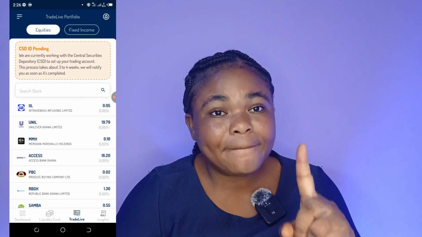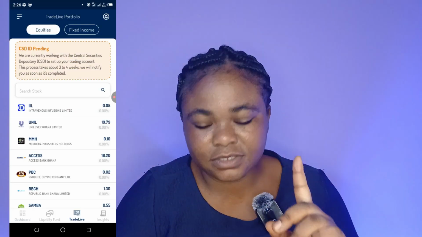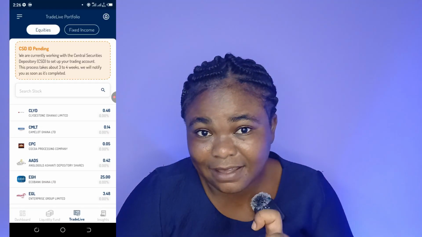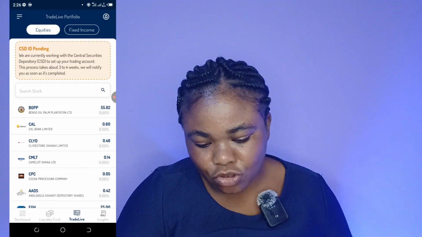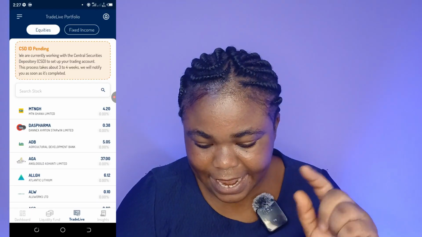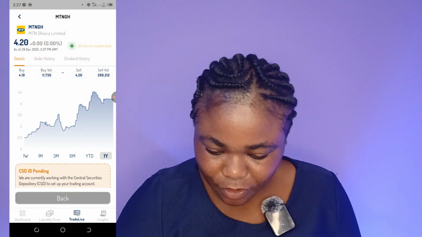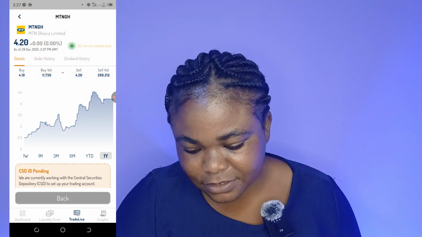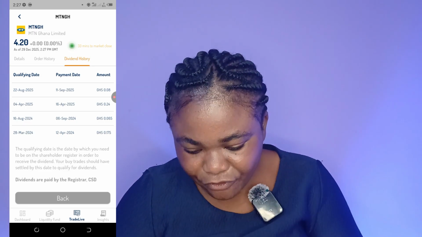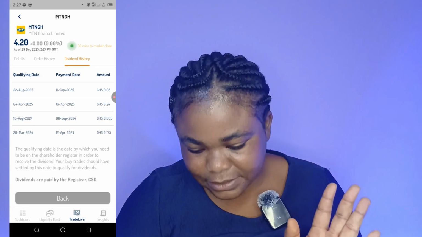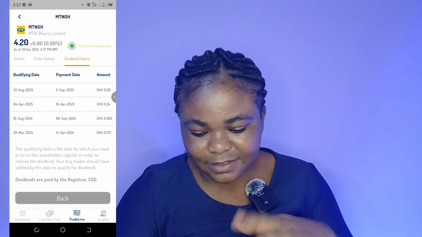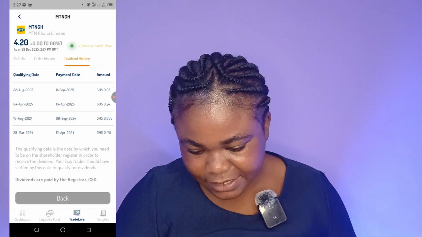Okay, so let me take you to stocks that pay dividends, which you can buy and then sell at a high price and also get interest from. The first one is MTN stock. For MTN stock, they pay dividends every 3 months. This is the amount of dividend they paid in previous years.